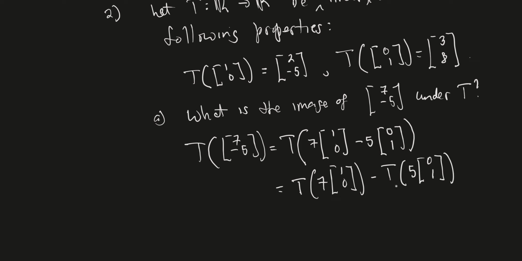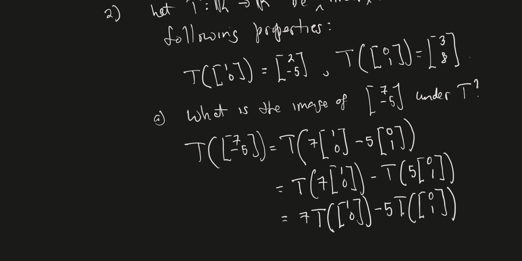Right? So that's one of my properties. And then I can factor out the scalar. So I can pull the constant outside and say that this is 7 times the image of (1, 0), and then factor out that 5, say minus 5 times the image of the vector (0, 1).